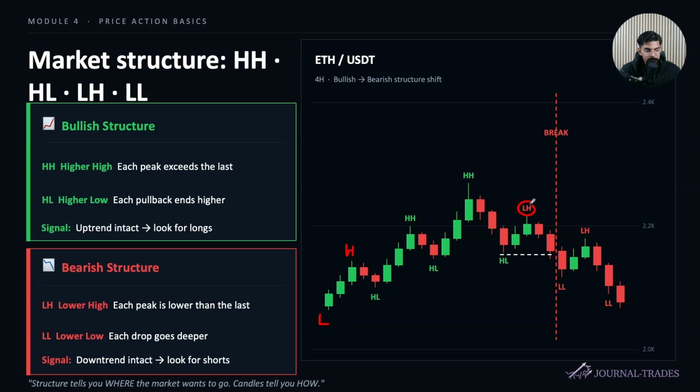This is the point that we need to keep in mind: I see something is switching, I see the structure is shifting, and whenever we break that low, we are in a downtrend. Then we create lower lows and lower highs continuously to confirm the downtrend. If you understand this concept, you understand the basics of trading, and you can understand where and how to spot reversals at certain important points or key inflection areas of the chart.